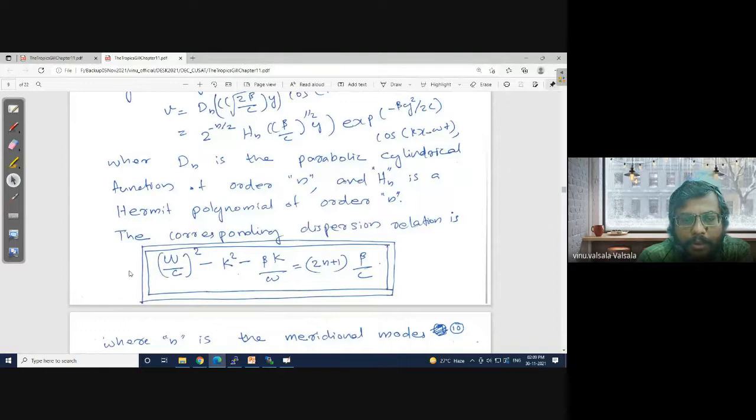Here, all these terms are familiar, especially omega is the frequency of the wave or inverse of the periodicity. Simple. And C, again a C coming here, for understanding, assume it as square root of gH, which is the phase speed of the system, not the speed of the wave as such. And k is the wave number in the zonal direction.